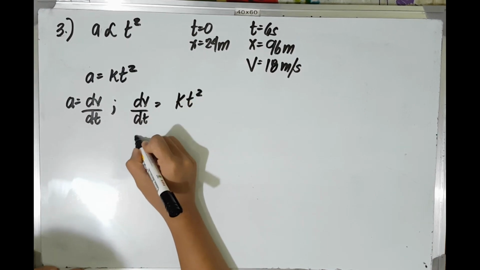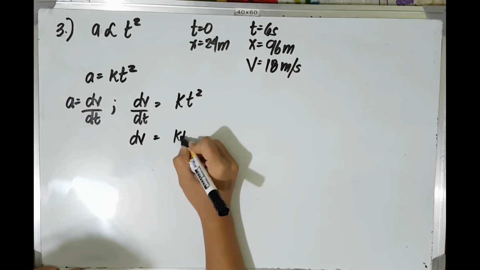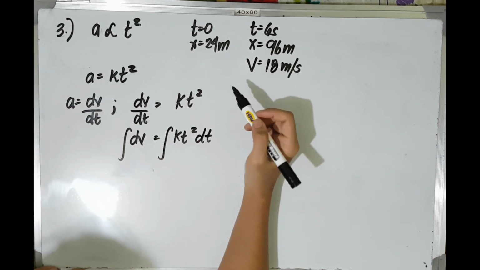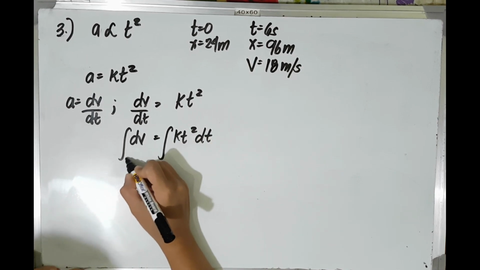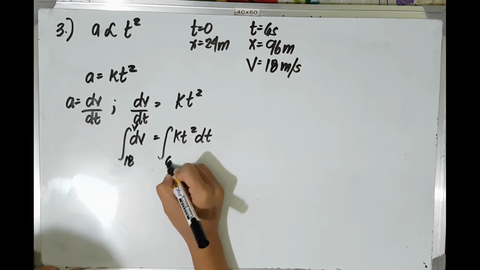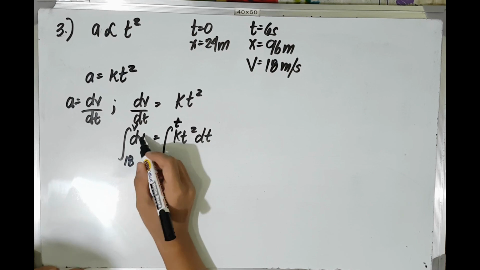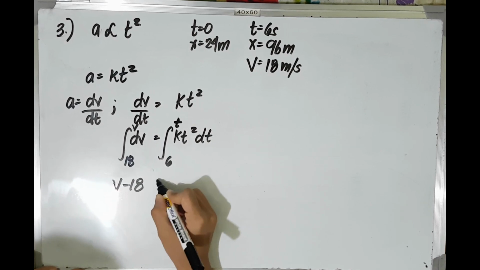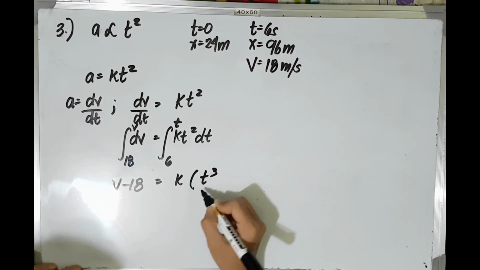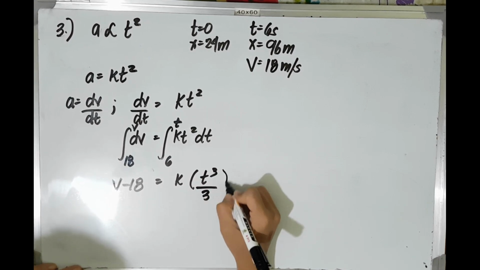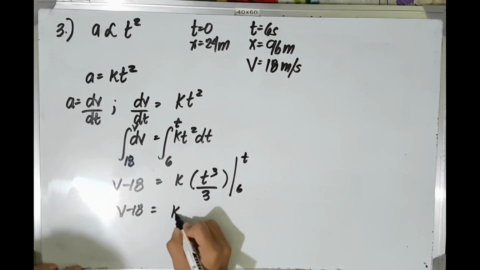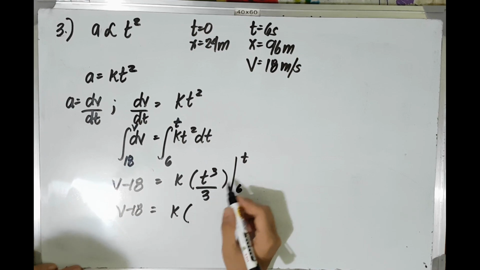So at the velocity 18, at a certain v, and then the time is 6, upper limit is t. So v minus 18 is equal to, we take out k since it is a constant, and then the integral would be t raised to 3 divided by 3, upper limit of time t, lower limit of 6.